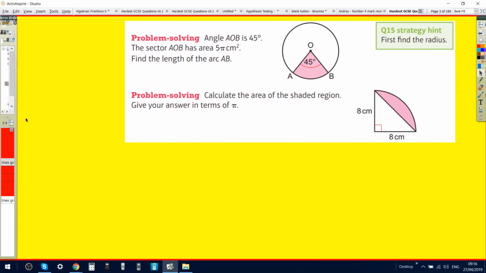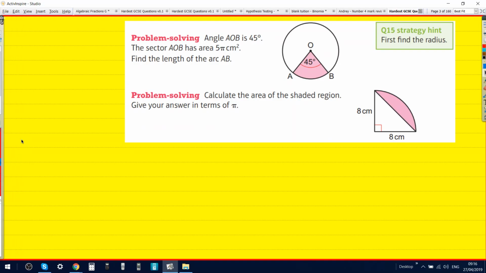How about these? So any idea how you do the first one?